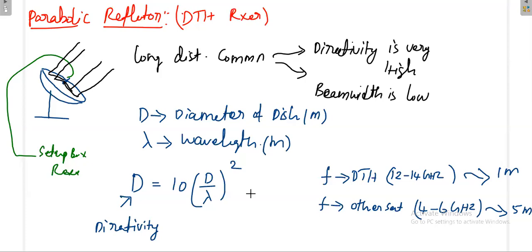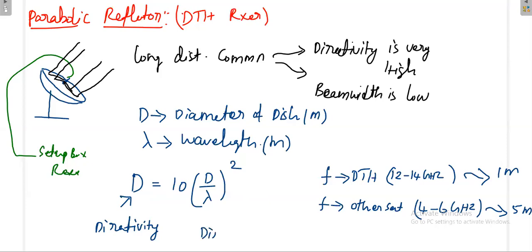Once you have the number, if you want to represent directivity in dB, will you use 20 log or 10 log? Anybody? 10 log. I have calculated all these values, I know D. From this D, how can I represent it in dB?